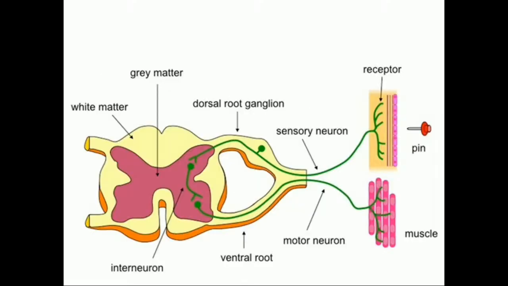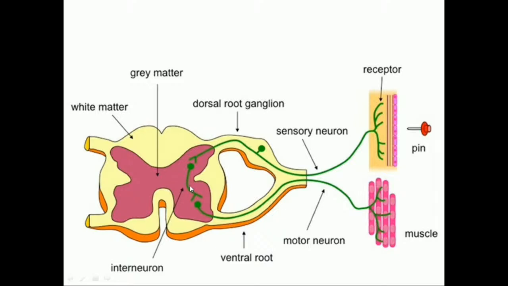Now you can see the anatomy of the spinal cord and lower motor neuron tract. If there is a sensation or any pain, the sensation goes through the sensory neuron to the dorsal root ganglion, and it enters the spinal cord.